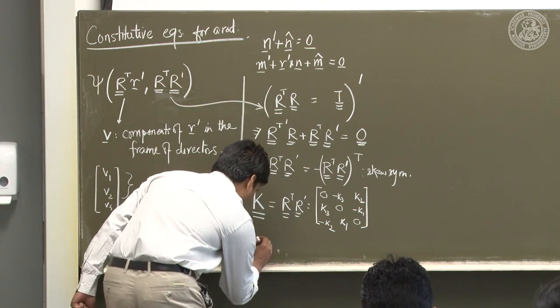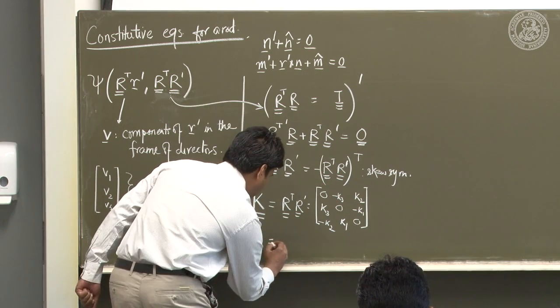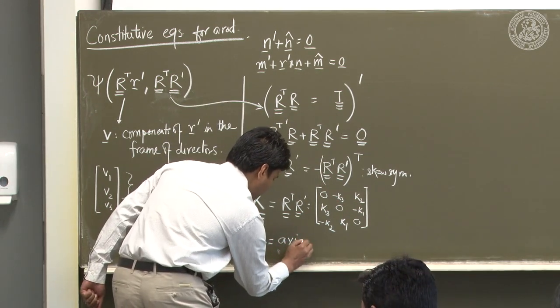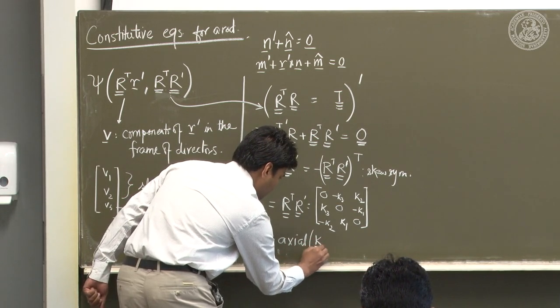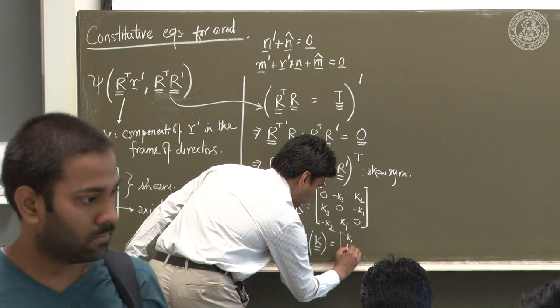The axial vector of K, which we denote as little k, will then come out to be simply K1, K2, K3.